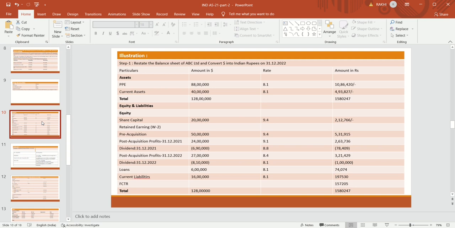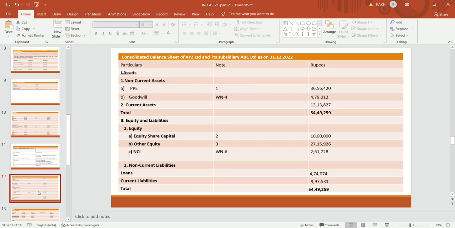Now we will consolidate this balance sheet into the Indian balance sheet, means ABC balance sheet with XYZ balance sheet. So we will consolidate our balance sheet. Firstly we will make a statement, that is PPE goodwill. Whether goodwill is to be recognized or capital reserve, we will check via note.